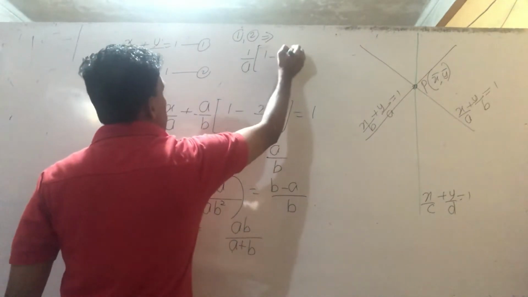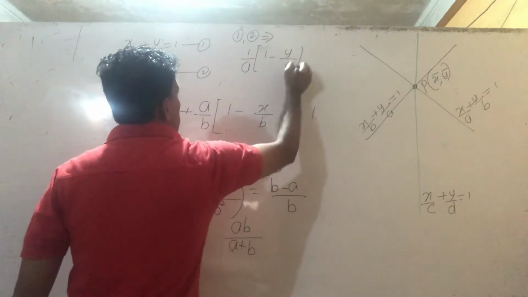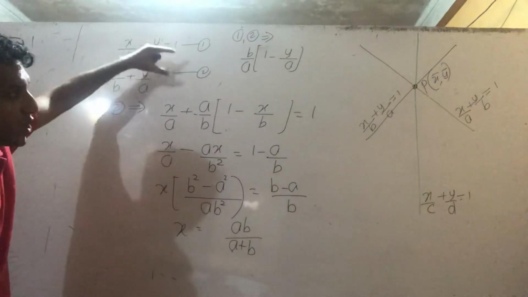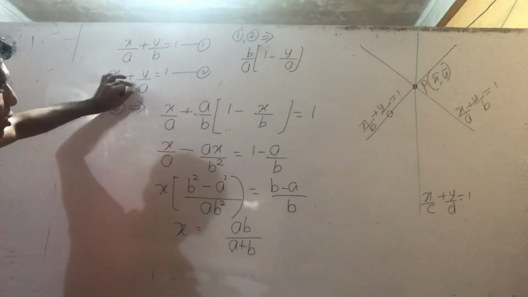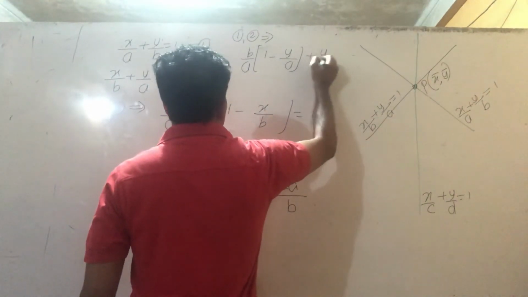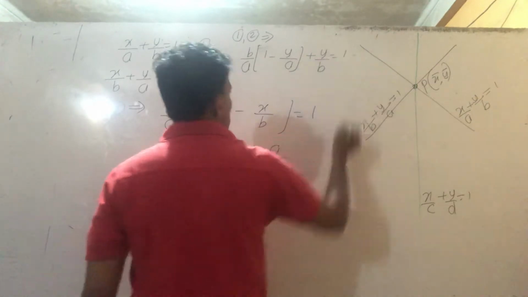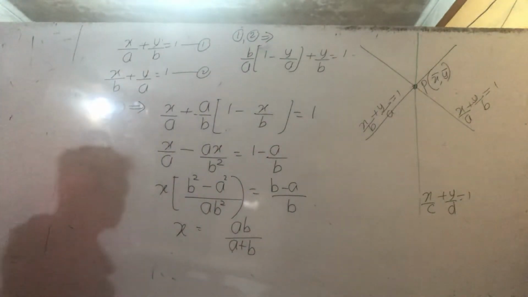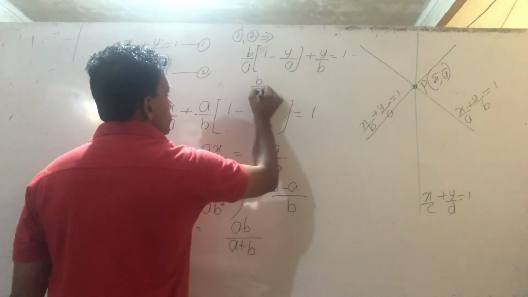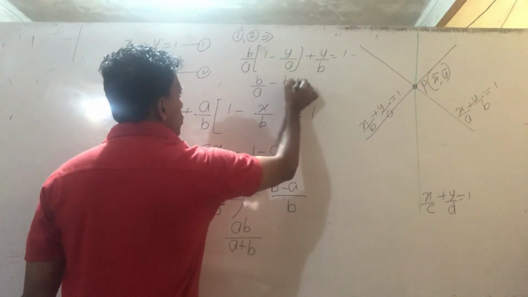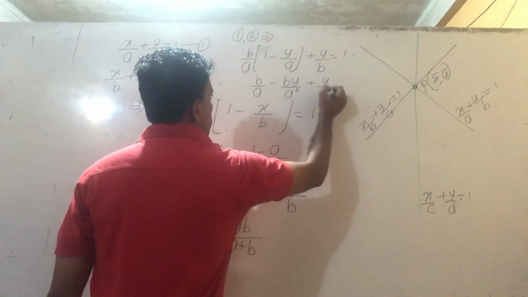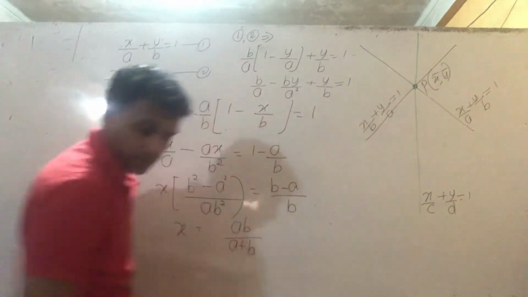It is (1 minus Y over A) into B. In the first equation, I substitute X in terms of Y, so X plus Y over B equals 1. If I rearrange what happened here, B over A minus BY over A square plus Y over B equals 1.